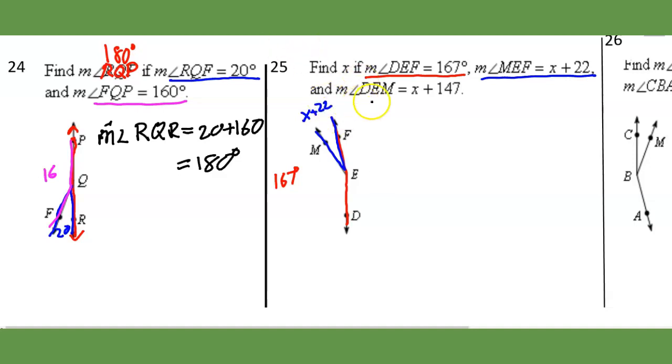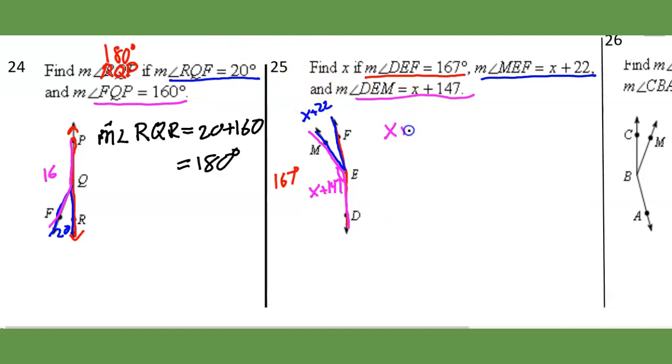And then we have DEM, which will be x plus 147. All right, so our two smaller angles should add up to our large angle, which is the red. So the pink plus the blue should equal the red. The two smaller angles will add up to the larger angle.